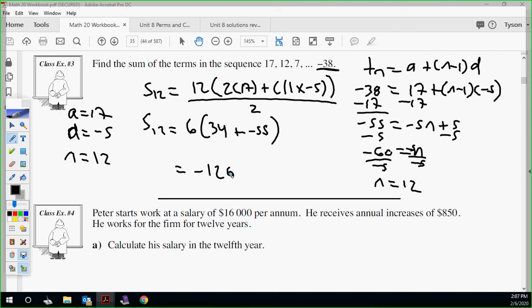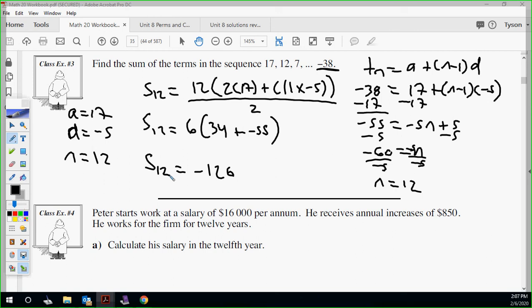Just so you understand, we finished at negative 38, and 17 is the biggest positive value, so your negatives are outweighing the positives. Your negatives essentially won the battle. That's why you have a negative sum in this case. S of 12 is negative 126.